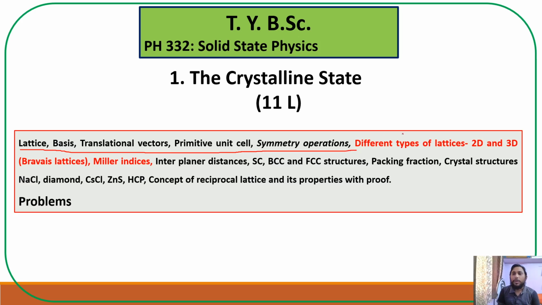Now, in our current lecture, we are going to discuss the different types of lattices, that is, the 2-dimensional lattice and the 3-dimensional lattice, or nothing but the Bravais lattice. Later on we will discuss the important topic of Miller indices, that is, how to determine and calculate the Miller indices by using the plane.